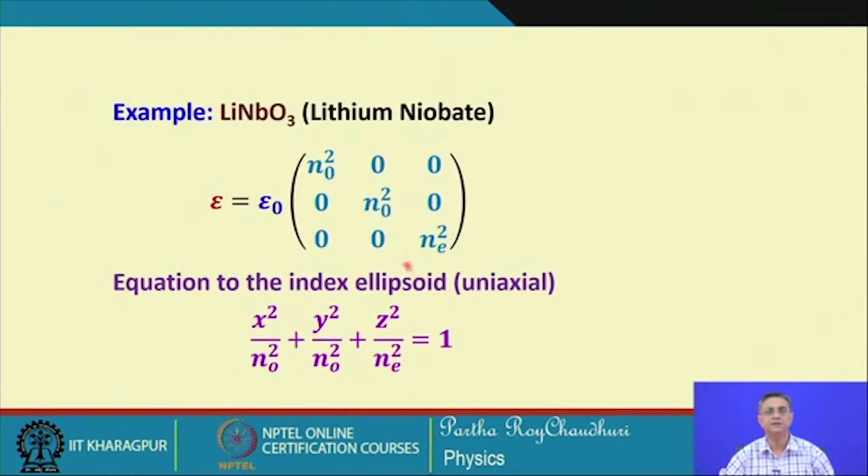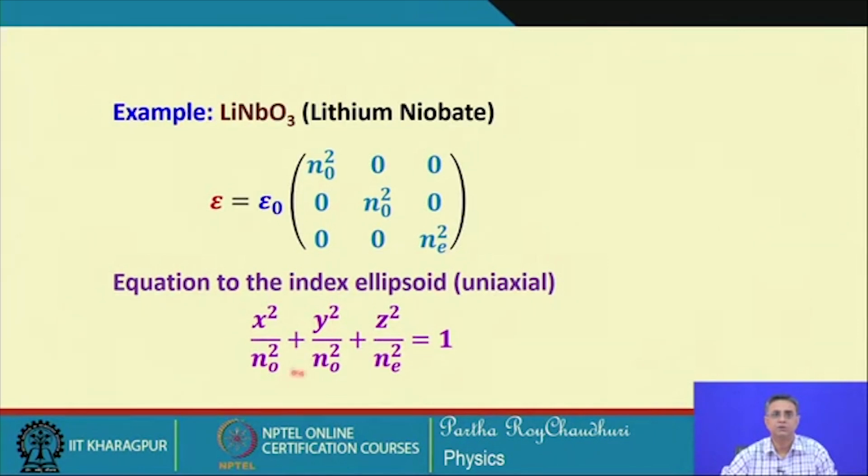So, now we will consider the example of lithium niobate, which turns out to be a very useful optical crystal, and it has manifold applications. For lithium niobate, which is naturally a uniaxial crystal, you have the permittivity tensor in the principal axis system like this, that is n_o, n_o and n_e. These represent the ordinary refractive indices, and this represents the extraordinary refractive index.